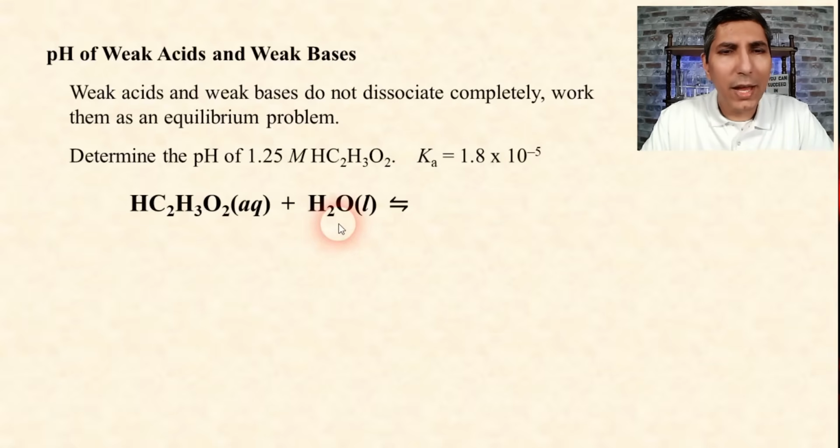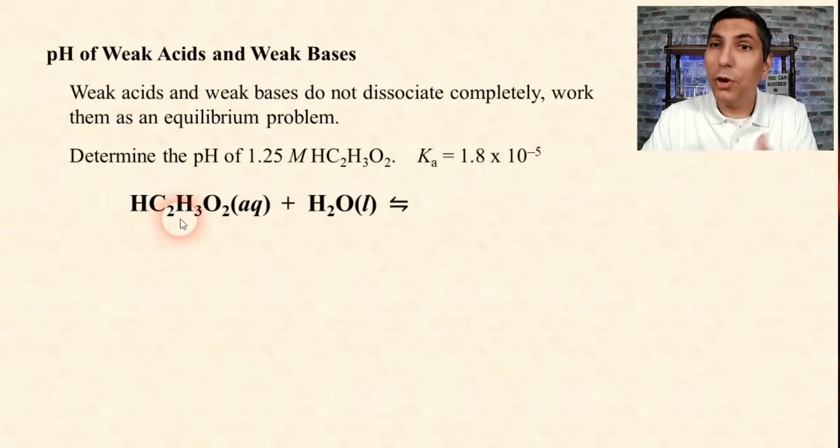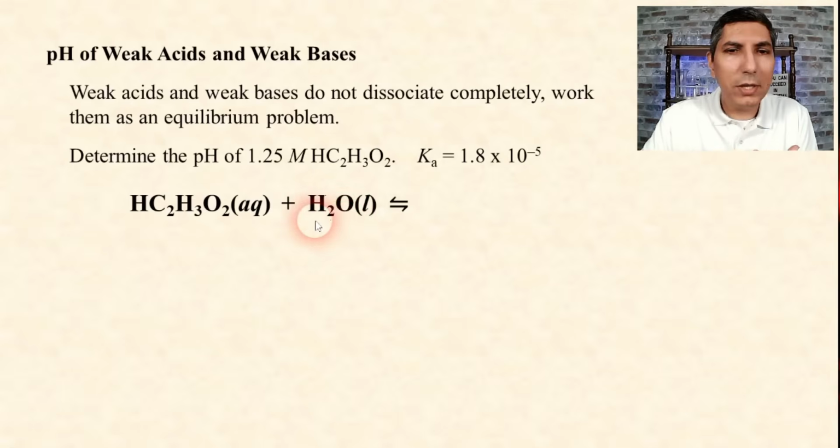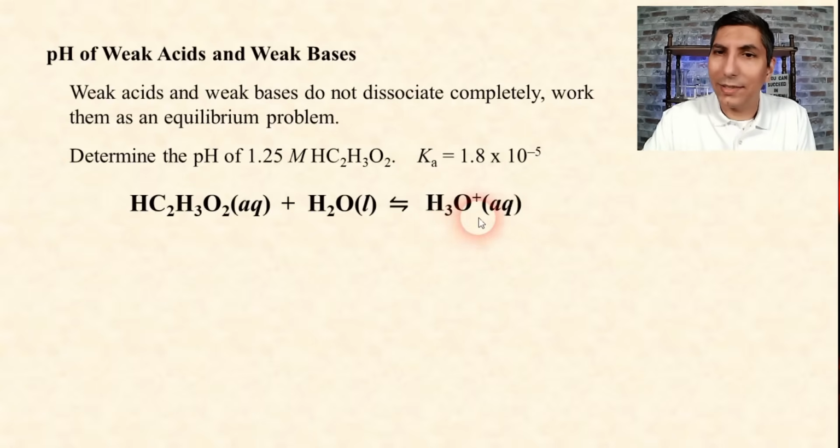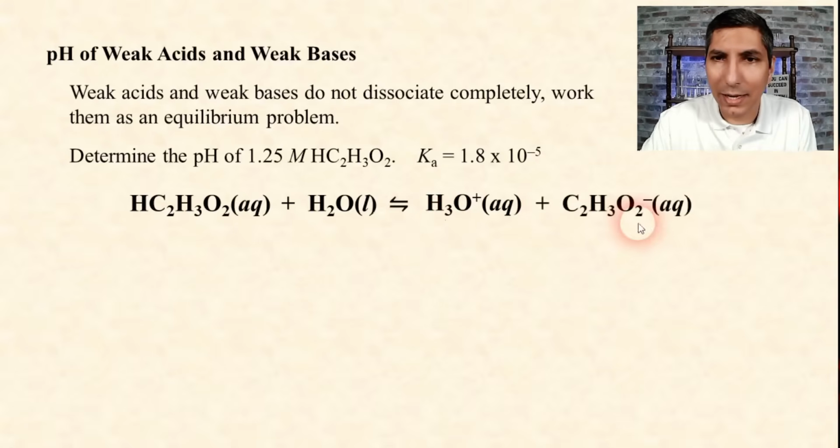Now, as we think about the products, the acid is a proton donor, and the base is a proton acceptor. Once that water has accepted the proton, the H+, it becomes H3O+, hydronium, which makes sense because this is an acid problem. And likewise, that acetic acid, once it's donated that H+, all that's left is the acetate ion.